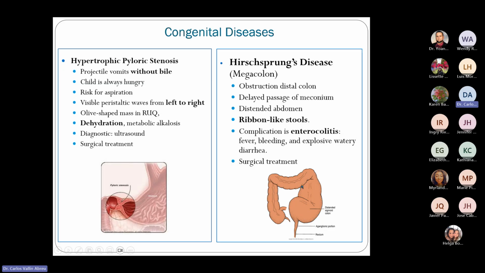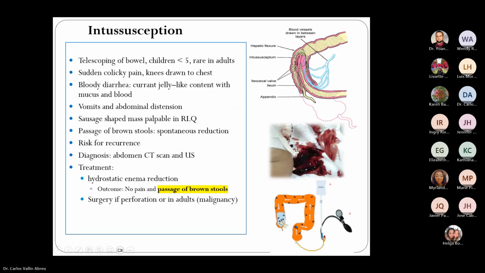Those clients are at risk of developing an infection or inflammation in the colon called toxic megacolon. It's an enterocolitis that produces explosive diarrhea, very fetid with blood, and sepsis. So it is the complication of this disease. It is also corrected surgically.